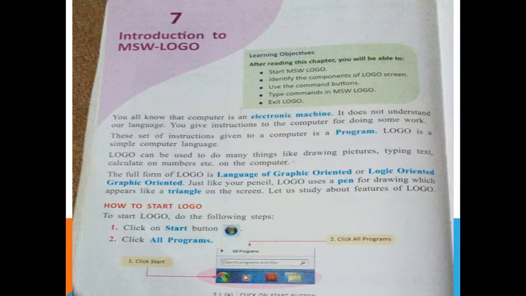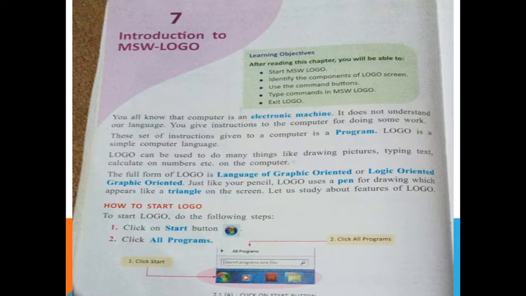on the computer. The full form of Logo is language of graphic oriented, or logic oriented graphic. Just like your pencil, Logo uses a pencil for drawing, which appears like a triangle on the screen.